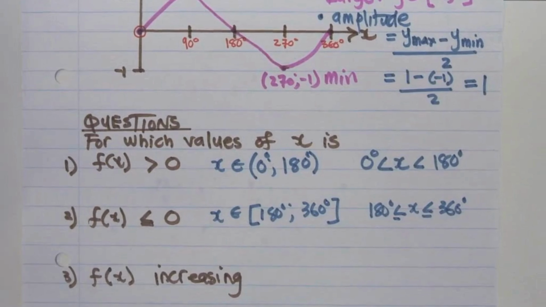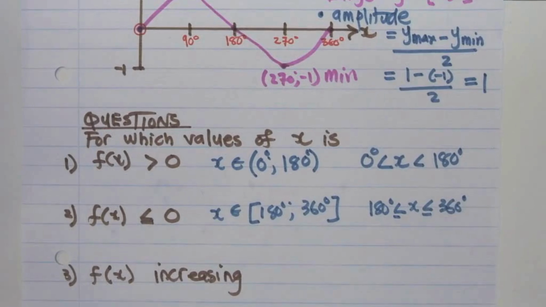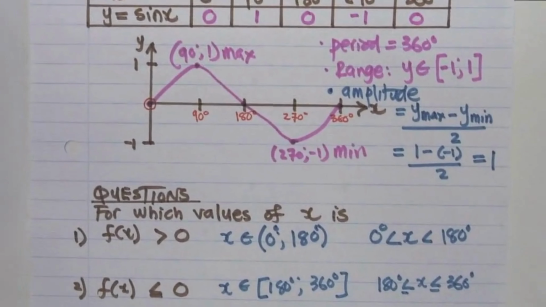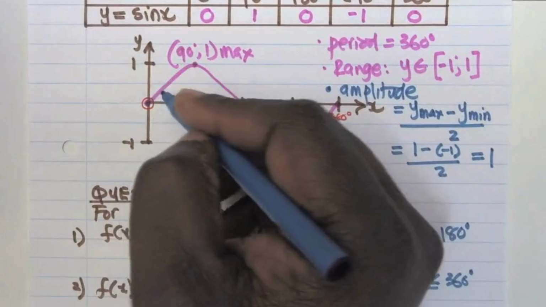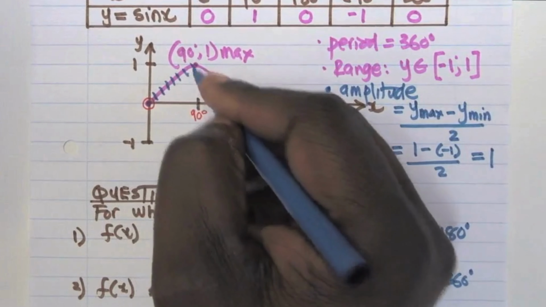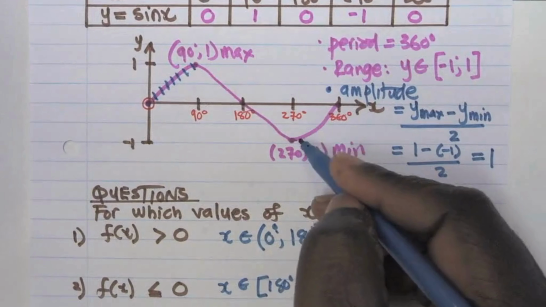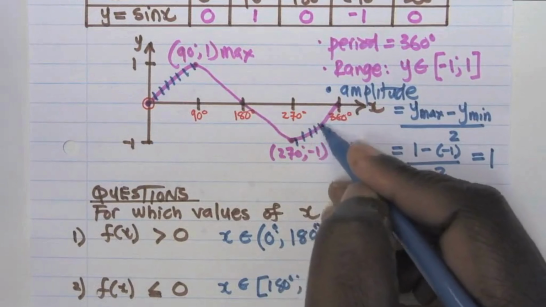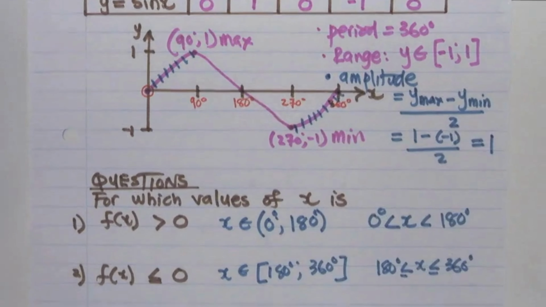Then, number 3, it says where f(x) is increasing. I go to the graph, and I'm noticing that I've got 2 sections here where the graph is increasing. Let's mark them first. From 0 up to 90 degrees, and then from 270 degrees up to 360 degrees.